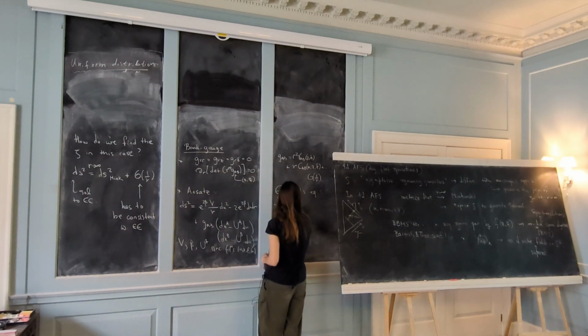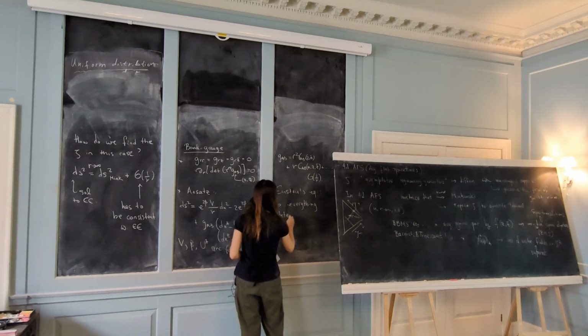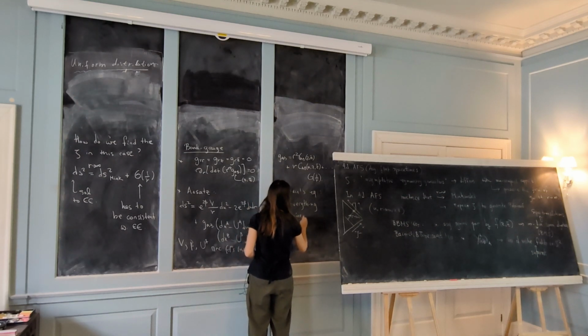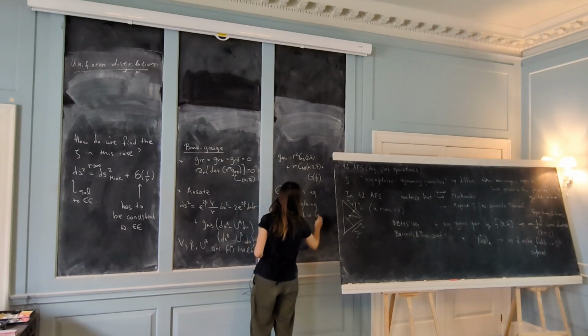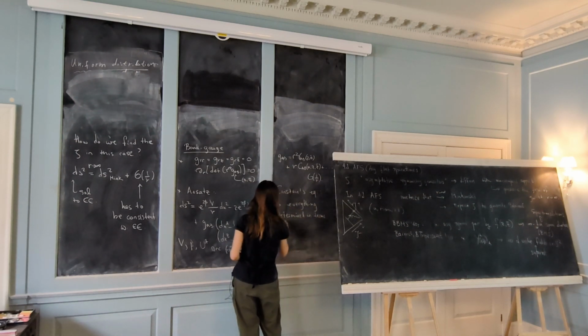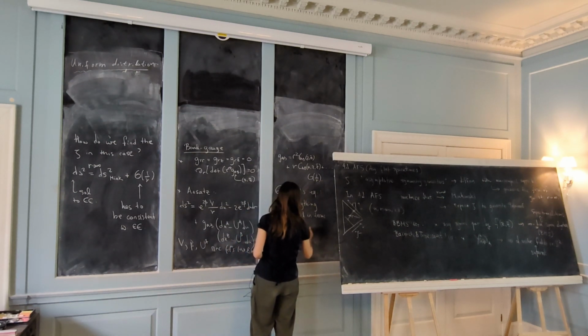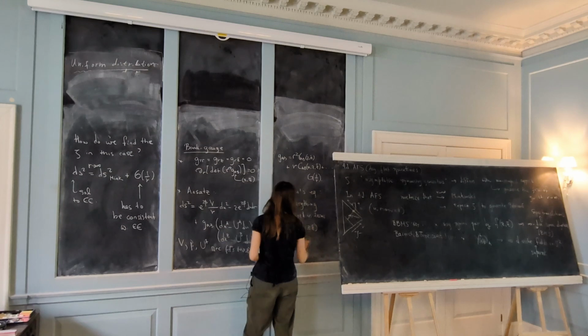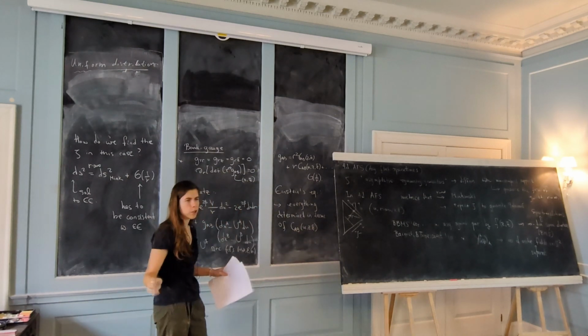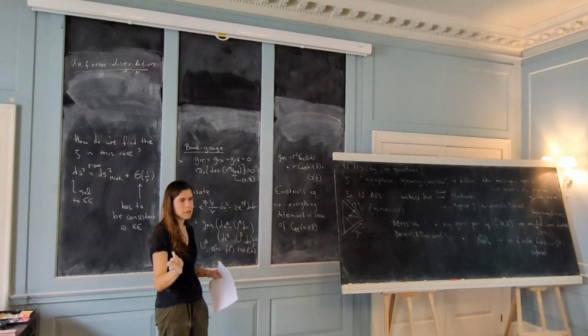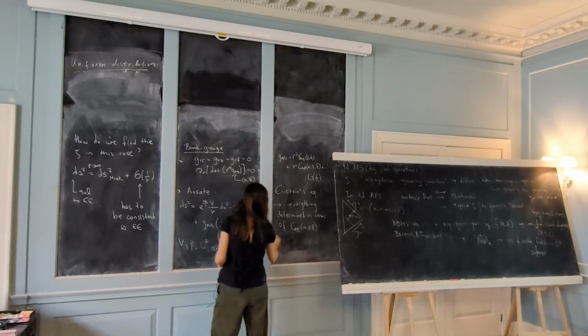But roughly speaking, everything will be determined in terms of this C_AB and a collection of just functions at particular cuts, so functions on the sphere.